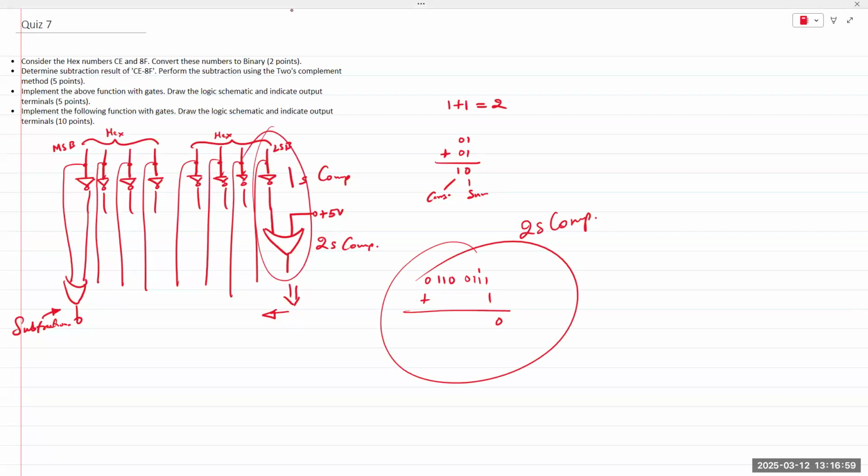And you feed it to an OR gate. One input of the OR gate is connected to +5 volts, meaning we're adding 1 to the least significant bit. So two's complement. Right? Thus far, the logic makes sense.